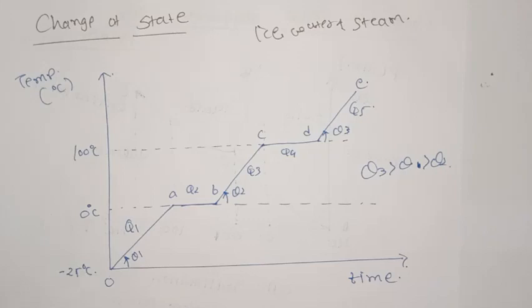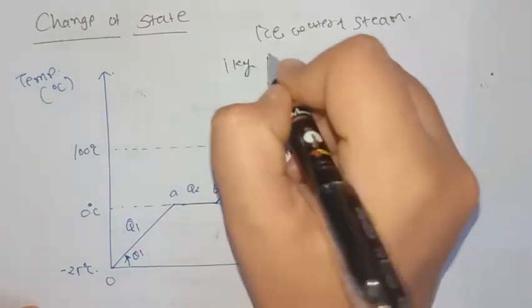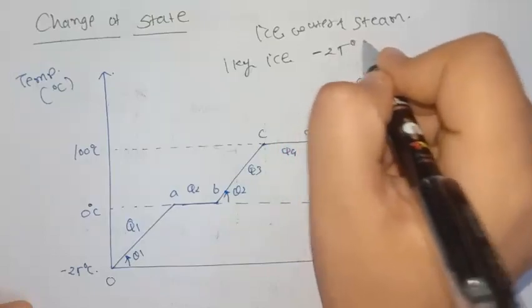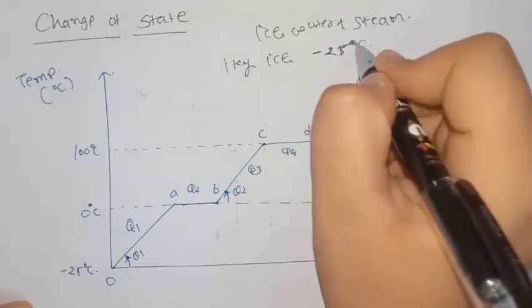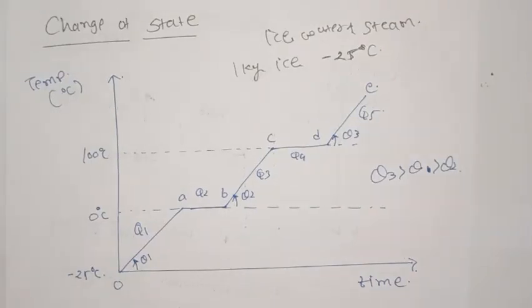Let us illustrate this point by considering a container with 1 kg of ice at a temperature of minus 25 degrees Celsius. This figure is a graph which shows the changes in the state of ice with time as more and more heat is added to it.